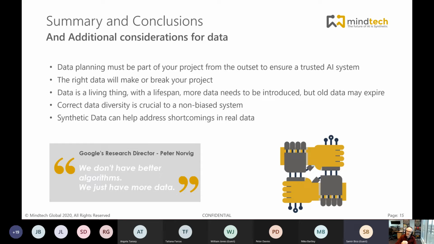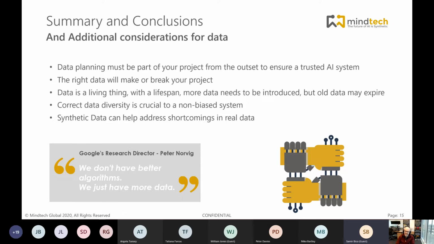So, the data drift one, I think, showed that very well. Data has a lifespan, and some data will need to be introduced to your project. Also, you may need to retire old data. It can bias your system in ways that you don't actually want by having older data. The data diversity, again, really will help you to get that non-biased system.